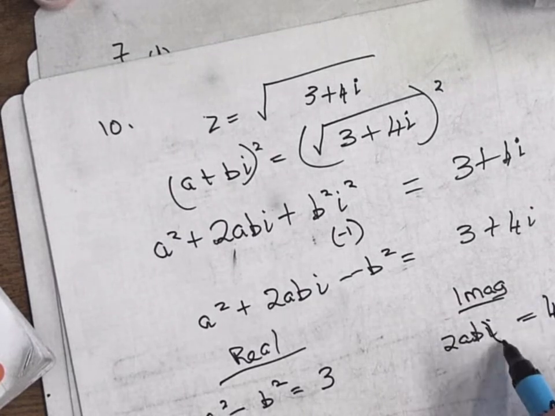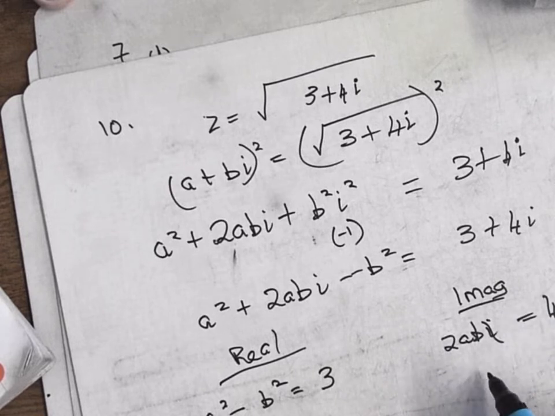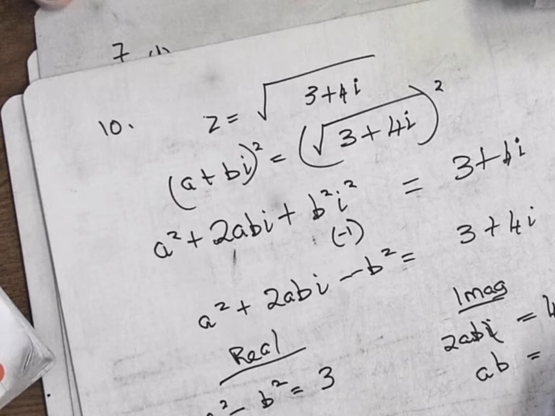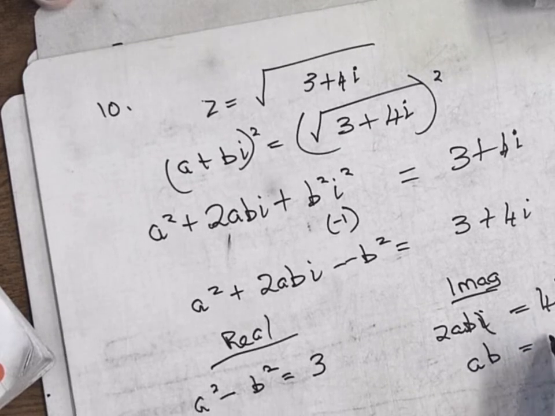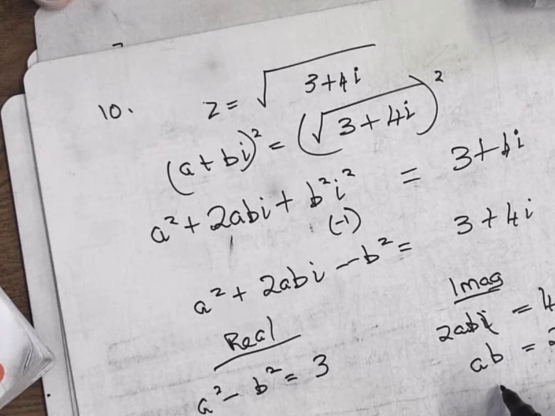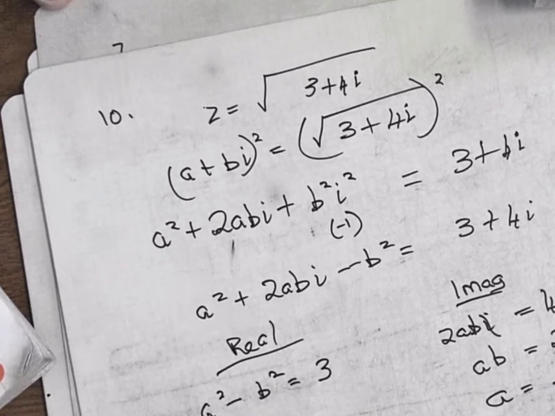Knock out the i's, so you get ab is equal to, divide across by 2, you get 2. And rearrange, so a is equal to 2 over b. Is that okay? Because I'm going to have to put that in there.